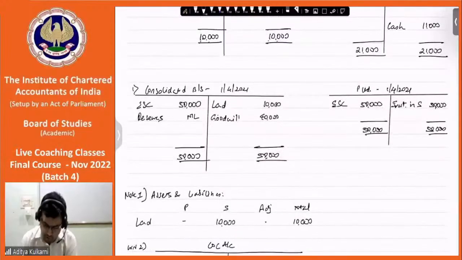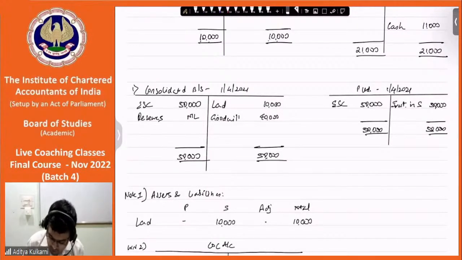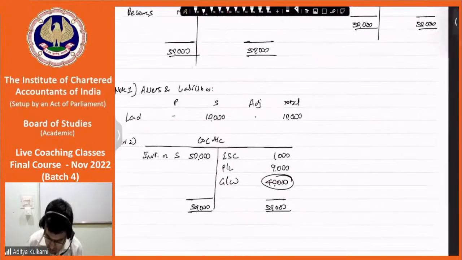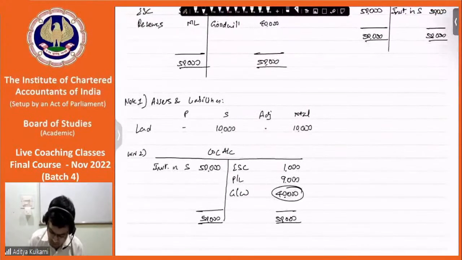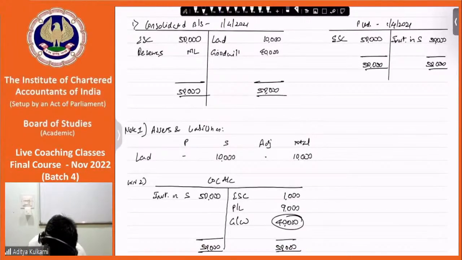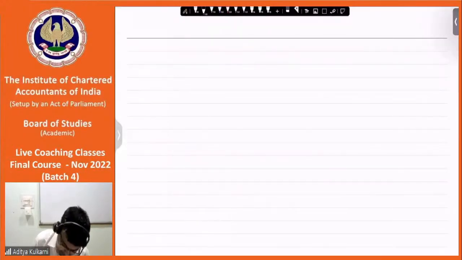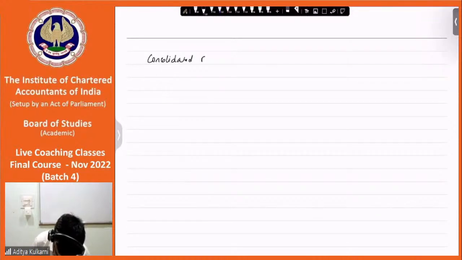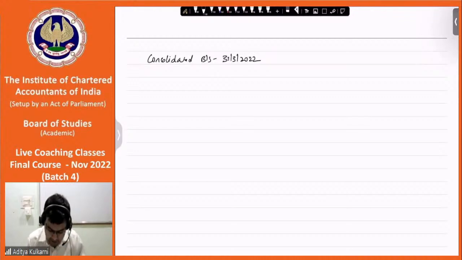Now, if I proceed one step further, P Limited's balance sheet we have understood, so there won't be any changes to this. But now if I have to prepare the consolidated balance sheet as at 31st March 2022, what all things are going to change?